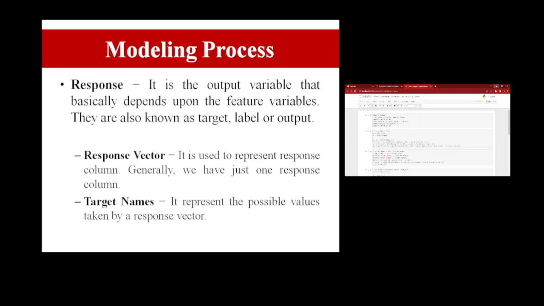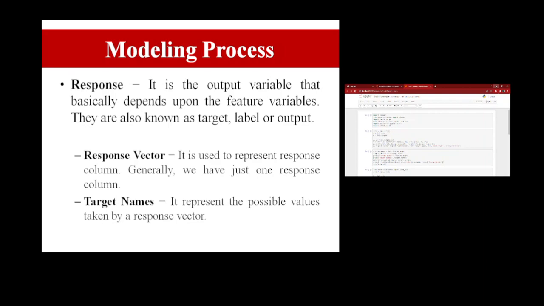And then the target names, which represent the possible values taken by the response vector. So one column, with a number of values. There might be one or more than one value there. Again, I'll explain this at the time of the example. So this is the first thing.